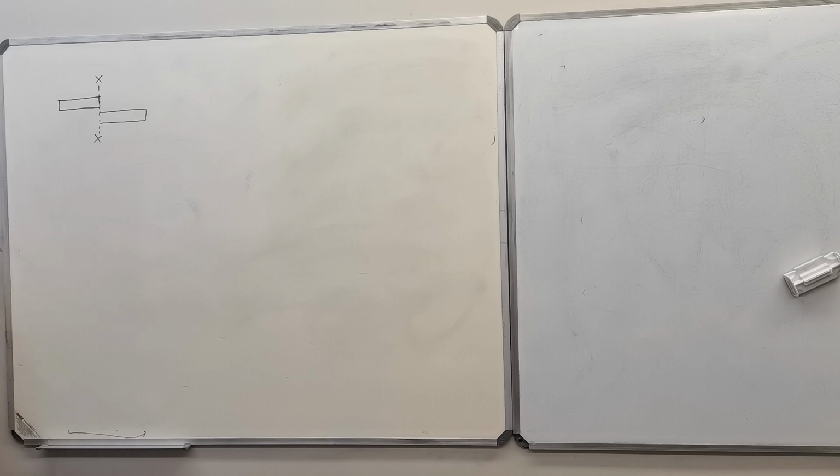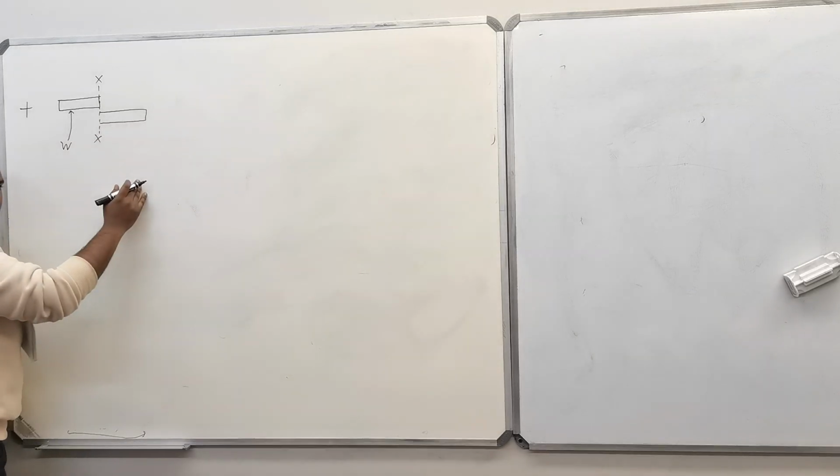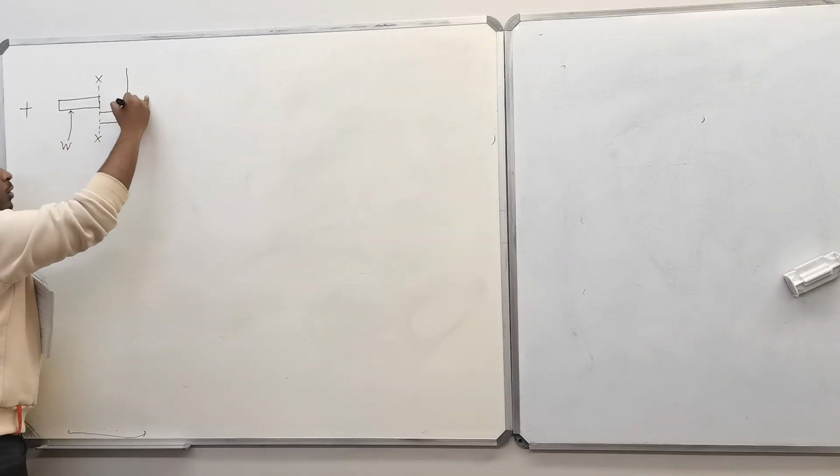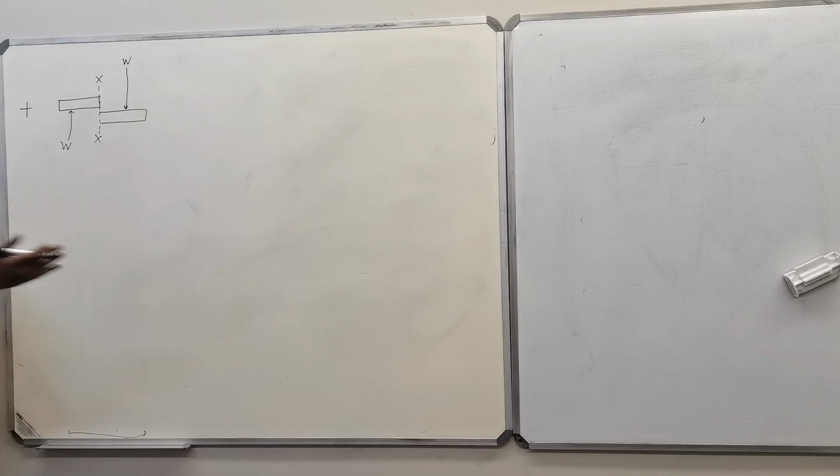Now if a weight force was being applied there, you would take it as positive on the left hand side of this. So the only time you would take positives is if the weight on the left hand side of your shearing force acts upwards. On the right hand side of the shearing force, if your weight is pushing down, you would take that as positive.